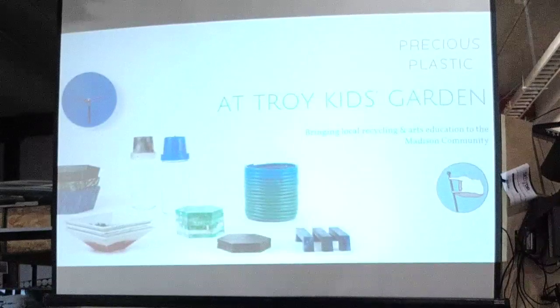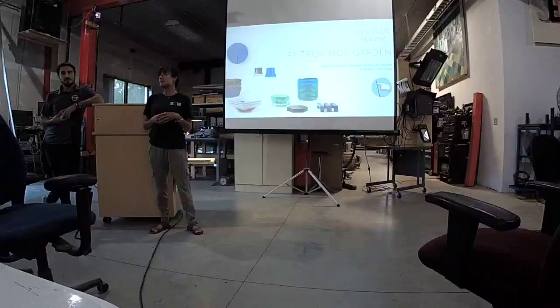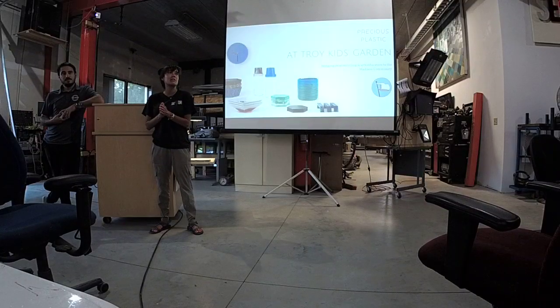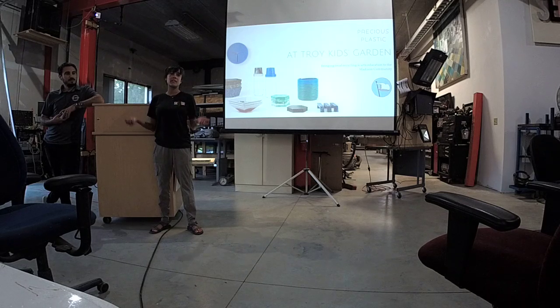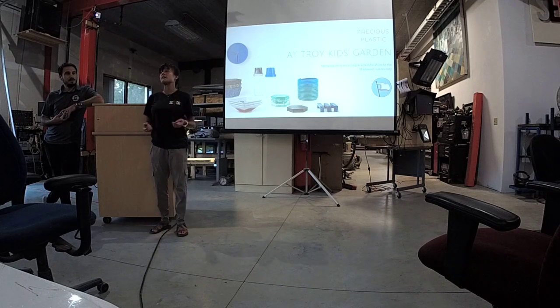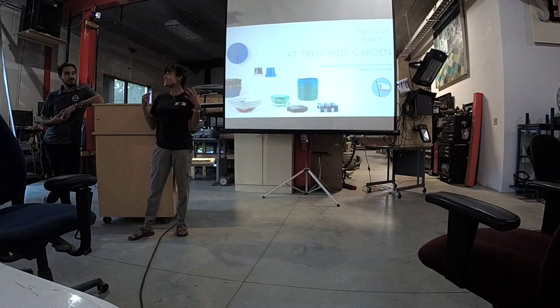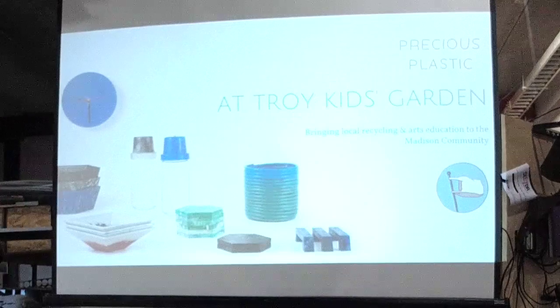A lot of it is garden-based, which is amazing. But in today's world, I think the statistic I heard was by 2050, there will be more plastic than fish in the ocean by weight. And there's a whole bunch of scary stats like that that are real. And so to tackle that global problem in the small area that I have influence in, this was our idea. So this is what's happening.